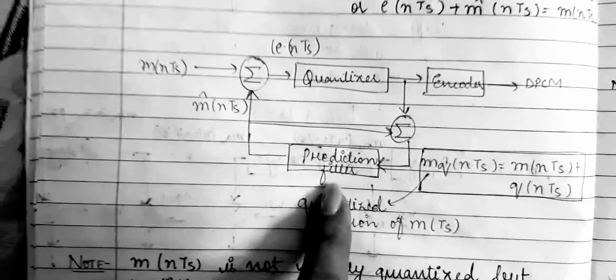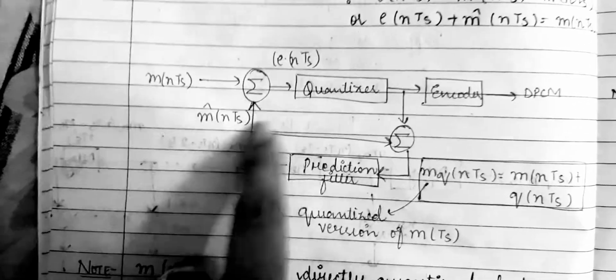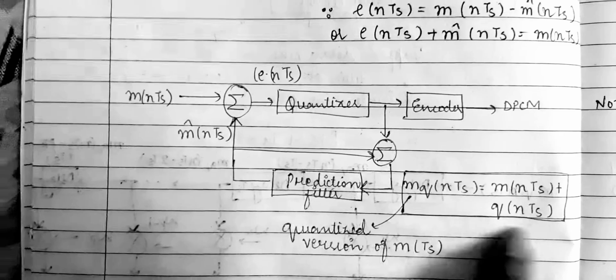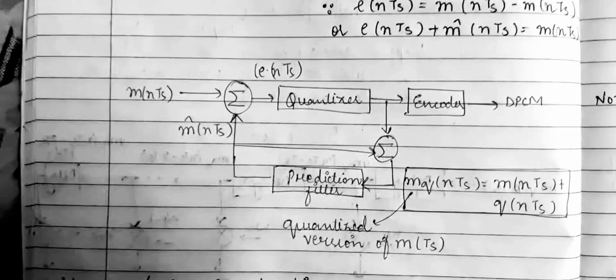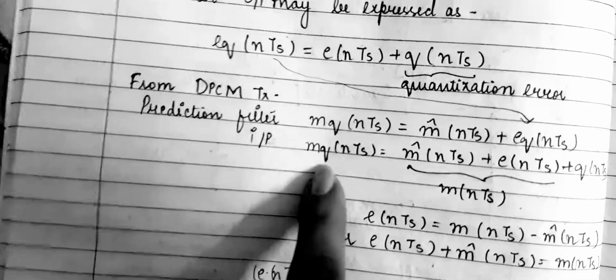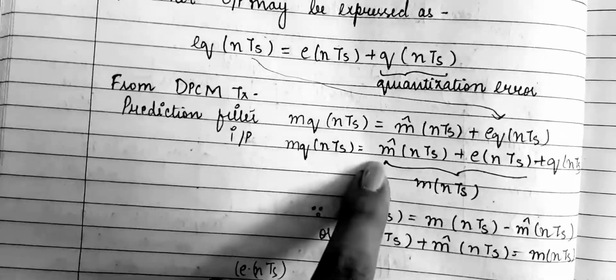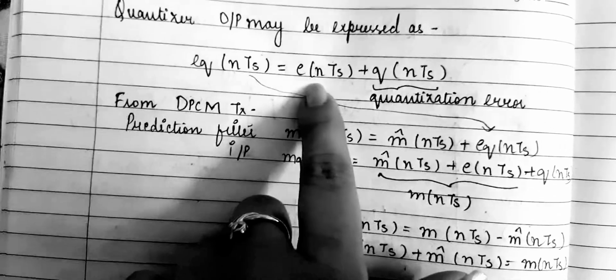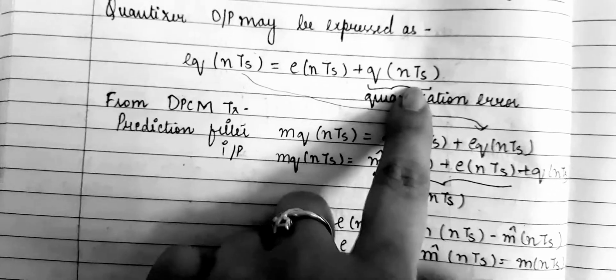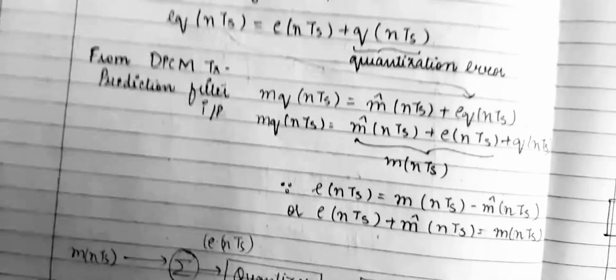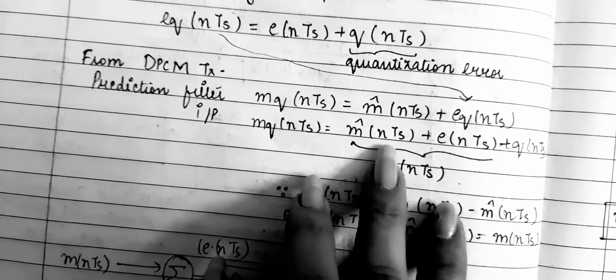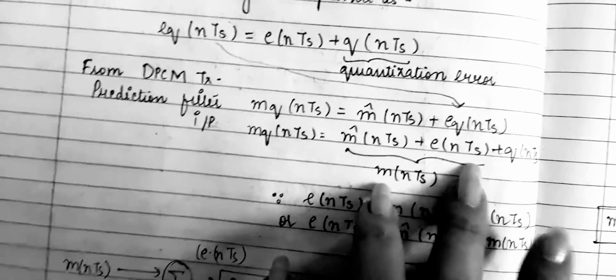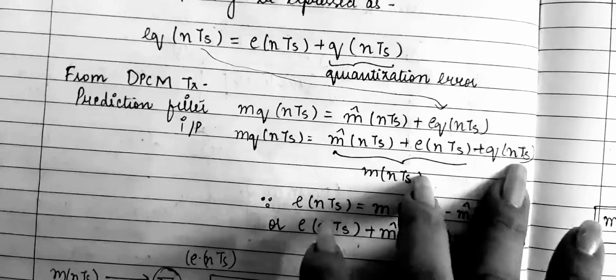At the prediction filter, one input is m-cap(nTs) and the second one is eq(nTs), that is the quantized version. Now mq(nTs) equals, in place of eq(nTs) we can put e(nTs) plus q(nTs). So putting this into the equation we get mq(nTs) equals m-cap(nTs) plus e(nTs) plus q(nTs).